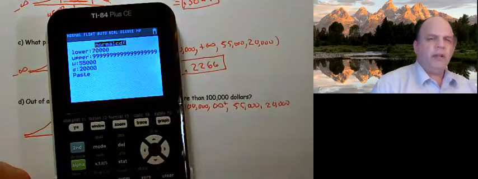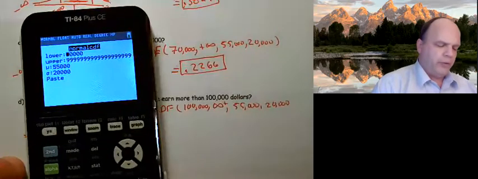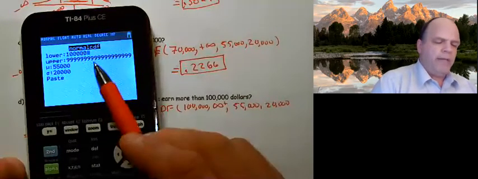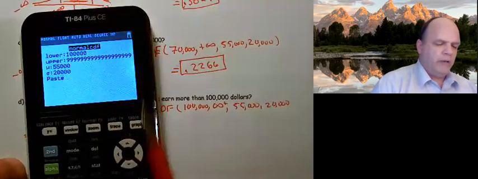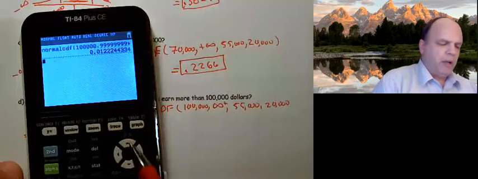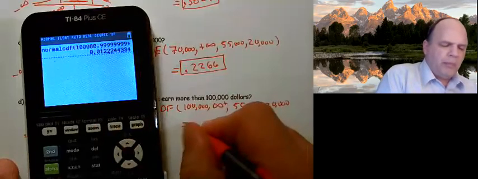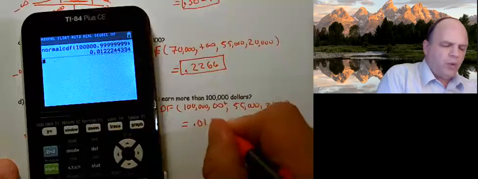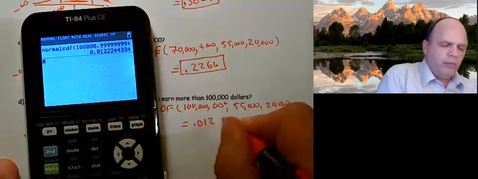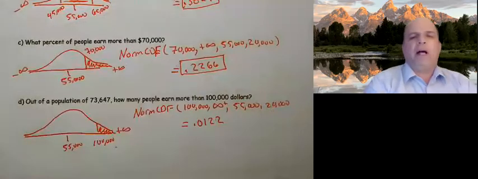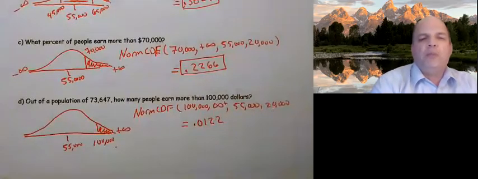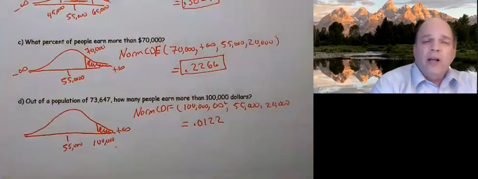I'm going to change that 70,000, the lower bound, to 100,000. I already have the positive infinity, the mean, and the standard deviation in. And I end up getting the probability that one individual earns this much money. About 1.2% of the people earn over $100,000.